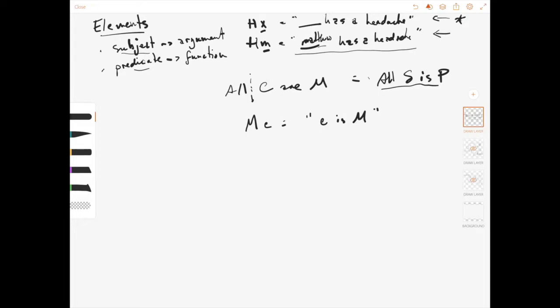So far, this expression, M of C, is like H of x or H of n in its form. It basically uses the subject and the predicate to represent an aspect of the form of the sentence. In this case, the aspect is the whole sentence because H of n stands for Matthew has a headache.